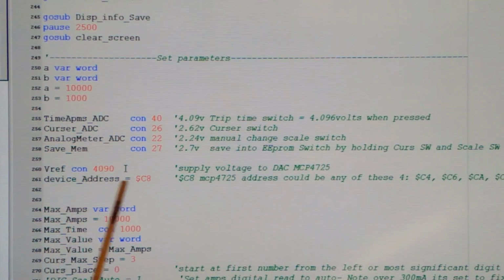This is the device address. This is in hex, C8. Microchip, for those DACs, they make 4 versions of those chips with different addresses, and that's the versions. So one version has an address of C0, C2, C4, C6, C8, and so on. This particular one that I've used, it's a C8.